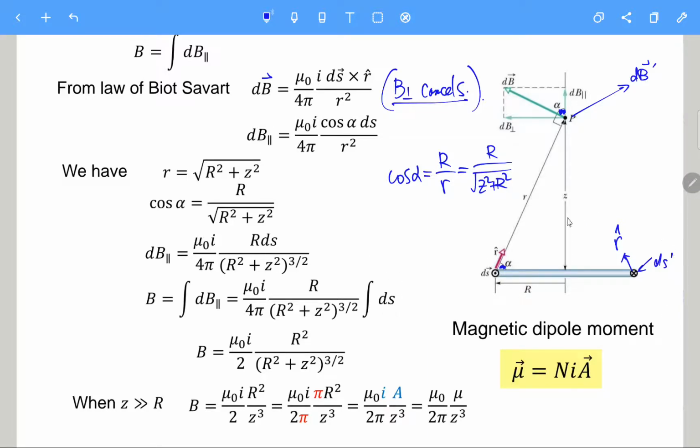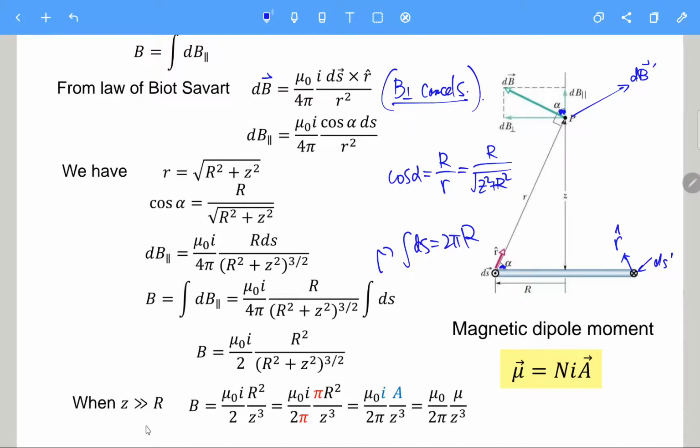This integral is 2 pi capital R. So integration of ds is nothing but 2 pi R. So this 2 pi and this 4 pi will be partly cancelled. So we only have 2 here, and then mu0 I, and then we still have an R here. So we have totally R squared over this term. So this is the exact expression for the magnetic field at this point P.